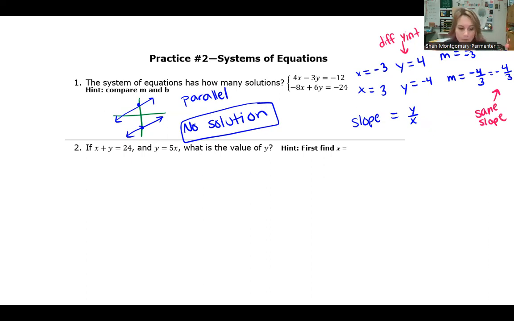So if we want to find the value of y, what we're given is that piece right there, we can take that and plug it in for y. So we can plug that in and rewrite it.